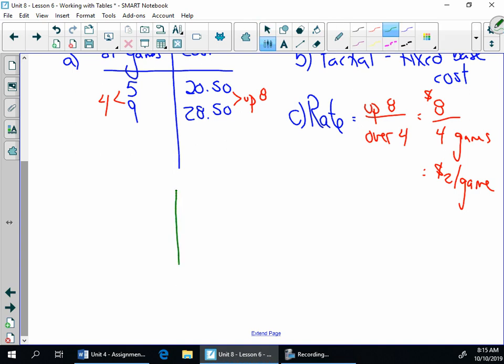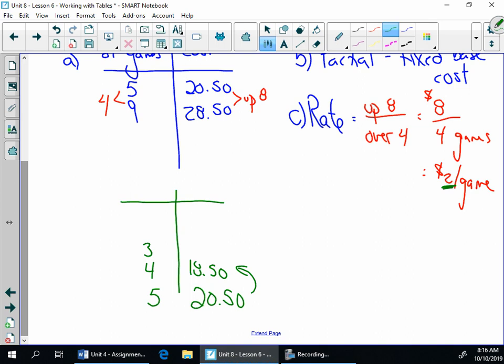So I can draw the table again. I'm going to cheat. I'm going to leave some spaces. And we know that 5 games cost $20.50. What would 4 games cost? Well, if it costs $2 a game, that means I have to go back $2. So it cost me $18.50.